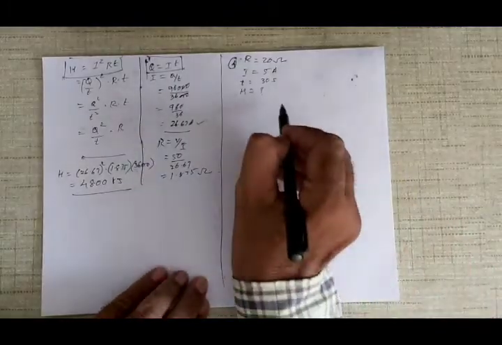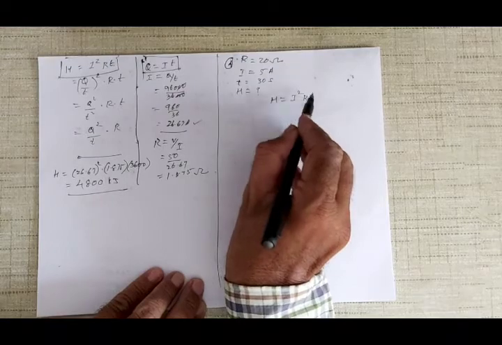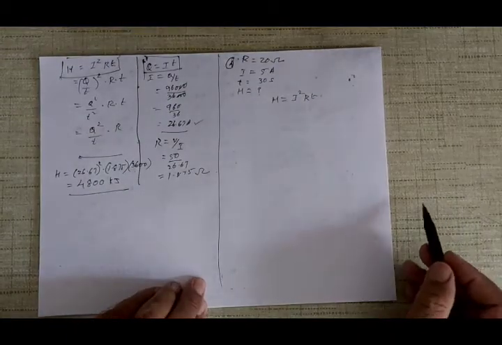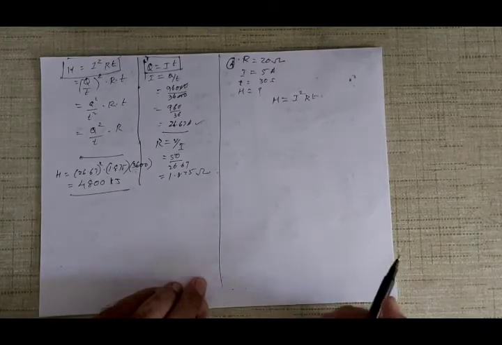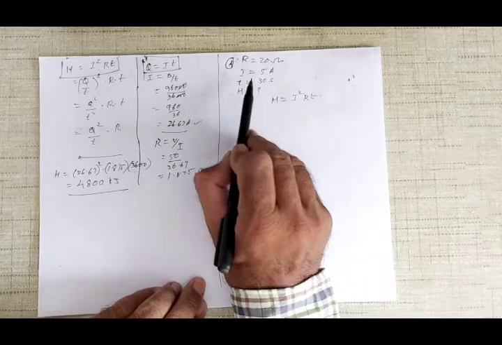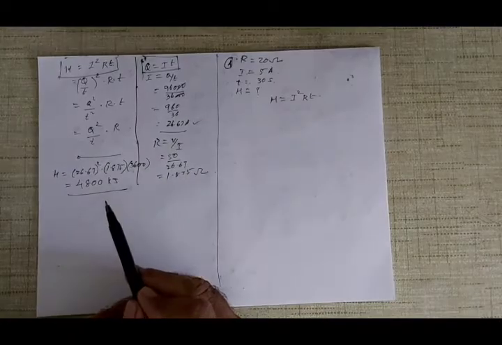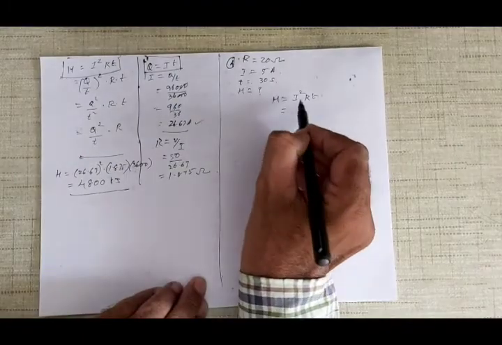Again we write the formula. H is equal to I squared R T. Then we'll see whether we can convert this into something else or not, depending upon what is given. But remember, resistance should be in ohms, current should be in amperes, time should be in seconds. Then the answer of heat will be in joules. So now I is given or not?